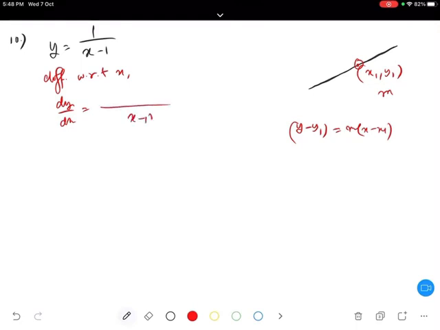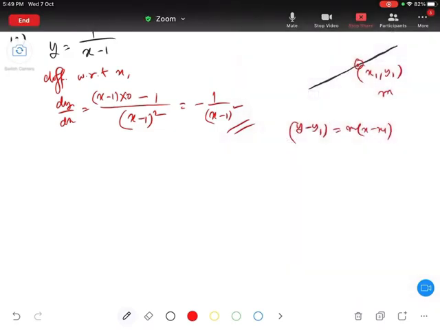So it is x minus 1 whole square, x minus 1 goes up, and differentiation of 1 is 0, forget about it. Then minus 1 comes out, and differentiation of x minus 1 is 1. So here we have dy/dx is equal to minus 1 by x minus 1 whole square. So this is what we have.